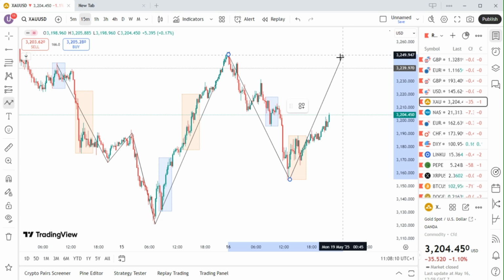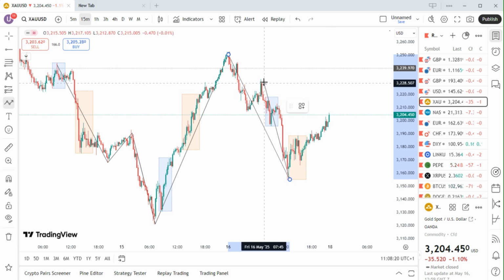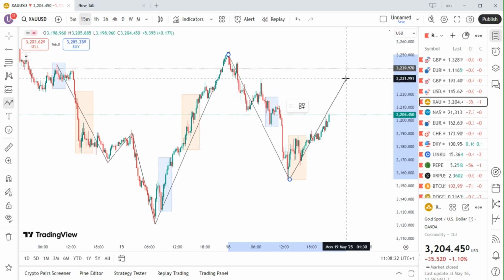The only thing we can do on the 15 minutes time frame is to look for a sell opportunity by allowing price to at least close above this zone. If price closes above this zone, we wait for a pullback to any of the institutional reference points. Currently we shouldn't look for a sell on gold because the 15 minutes time frame is still bullish.